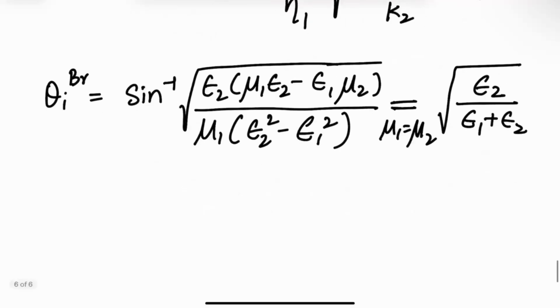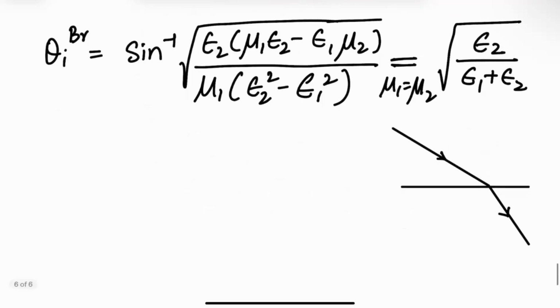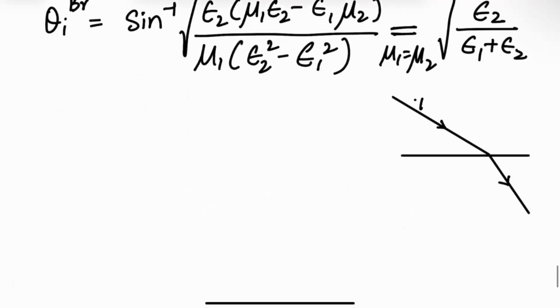So if I come in at this specific angle, then I come in like this. There's no reflection, which means everything just goes through. Whatever came in, went through. Okay? This is for TM polarization.